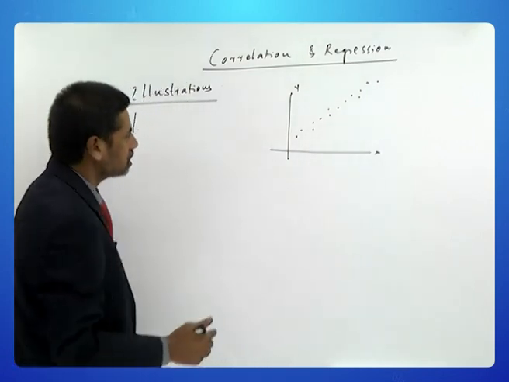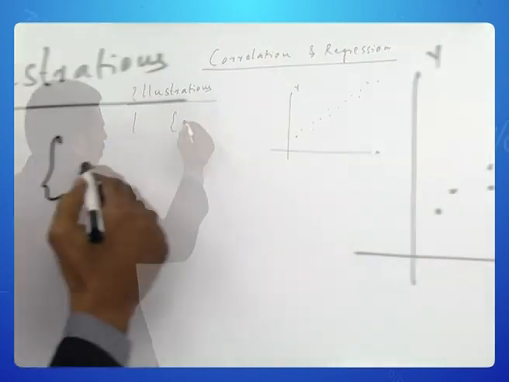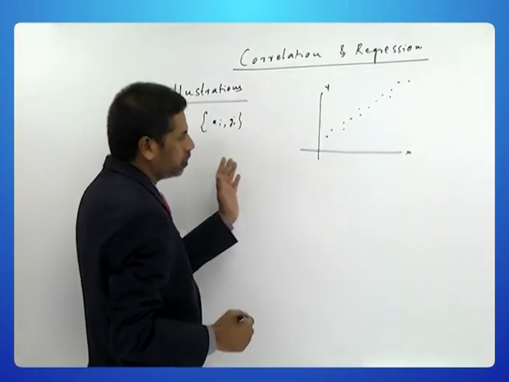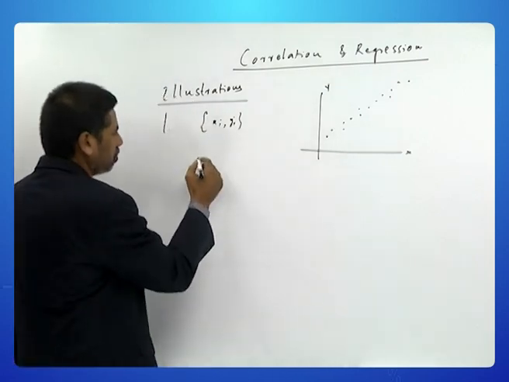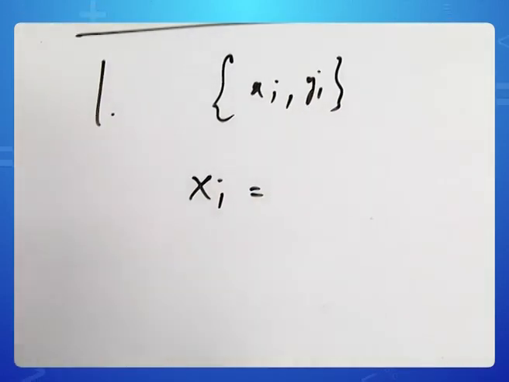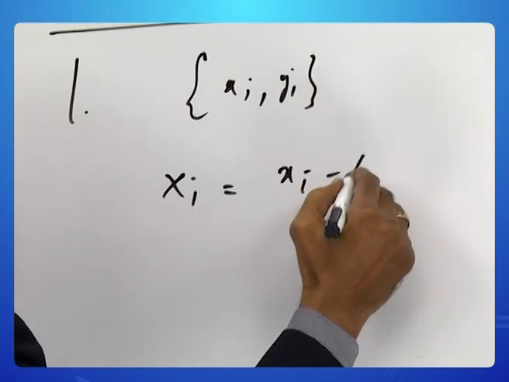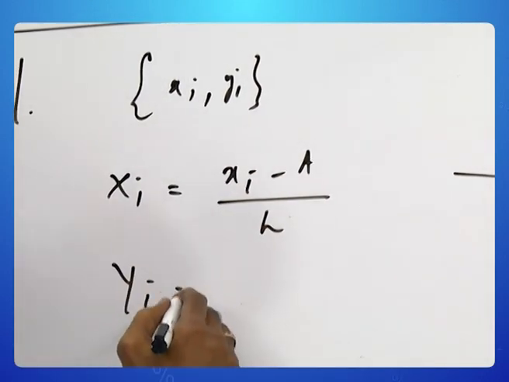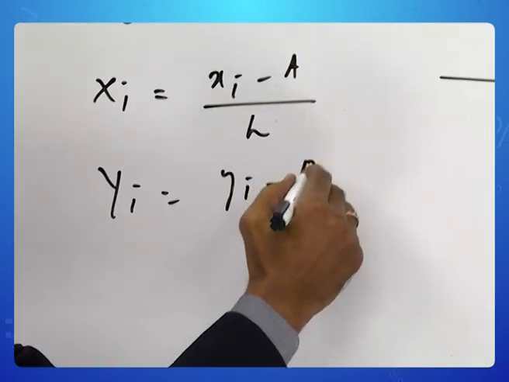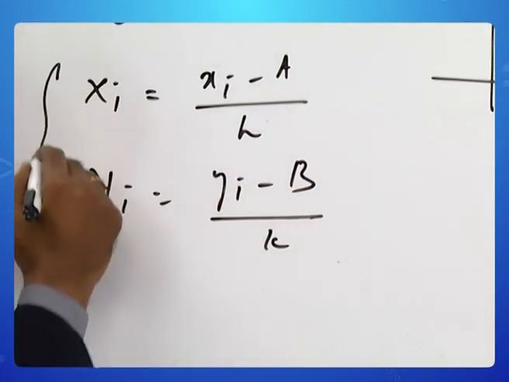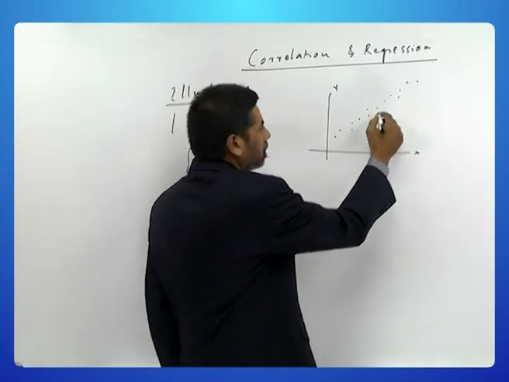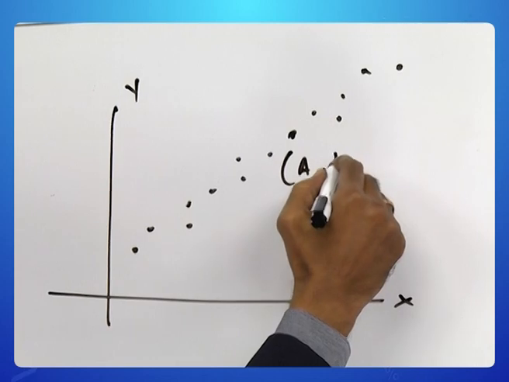Then what it says is, if you have got xi, yi data, you can transform the data by shifting the origin to some other point, let us say a comma b.